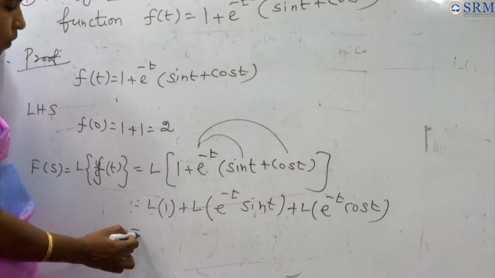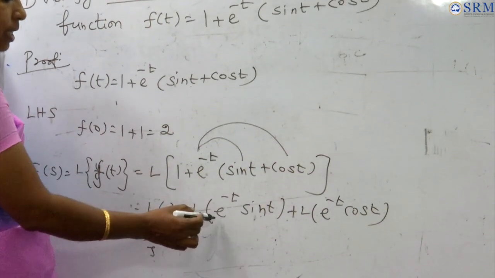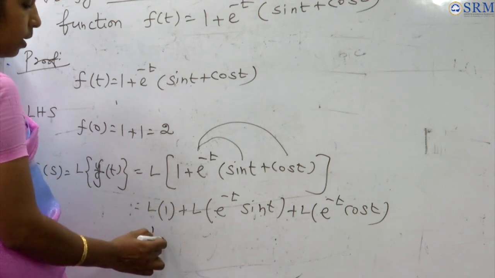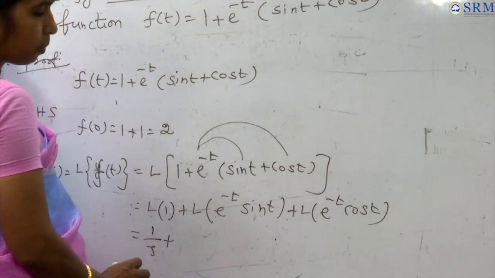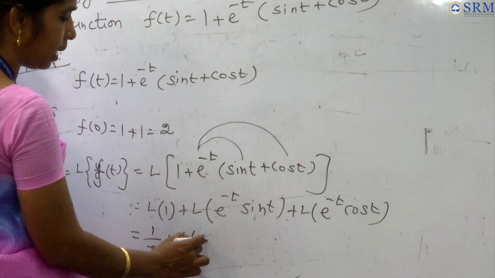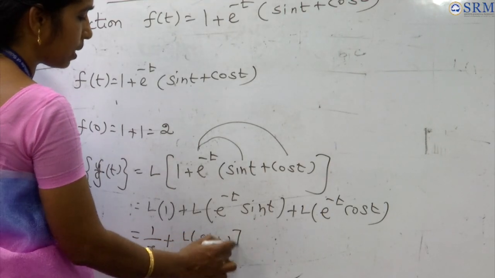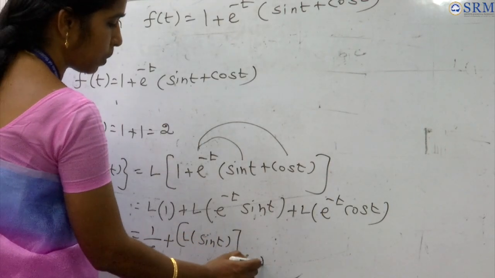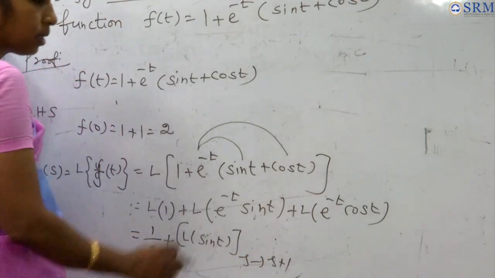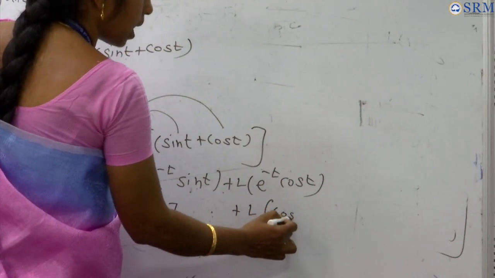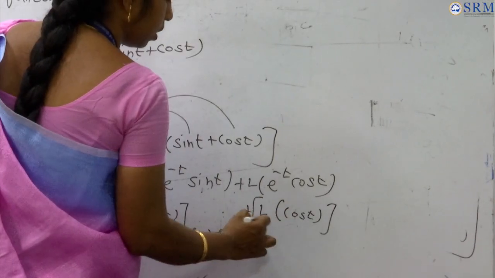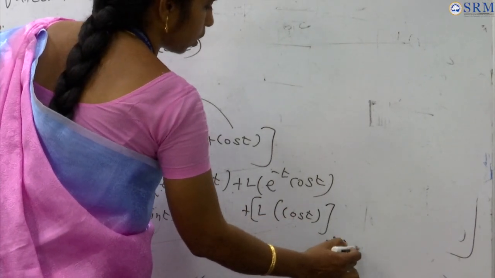So L of 1 value is 1 by s. Here both the second term and third term apply the shifting property. So L of sin t, but in the final answer s is replaced by s plus 1. Same thing in the second also, plus L of cos t with s replaced by s plus 1.